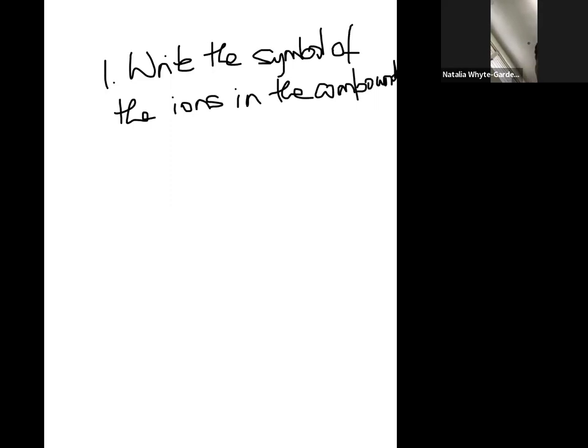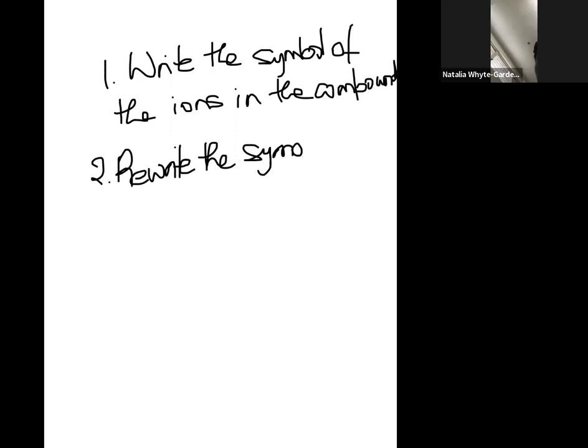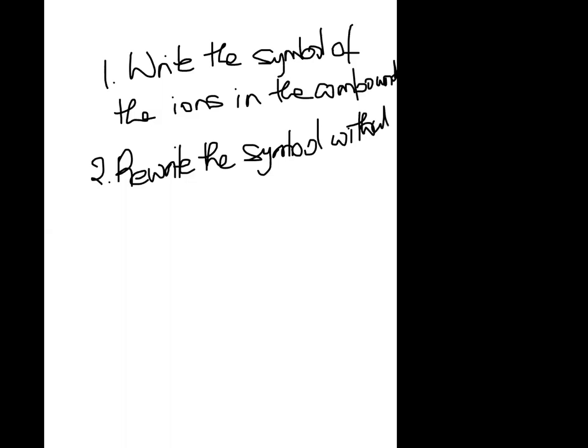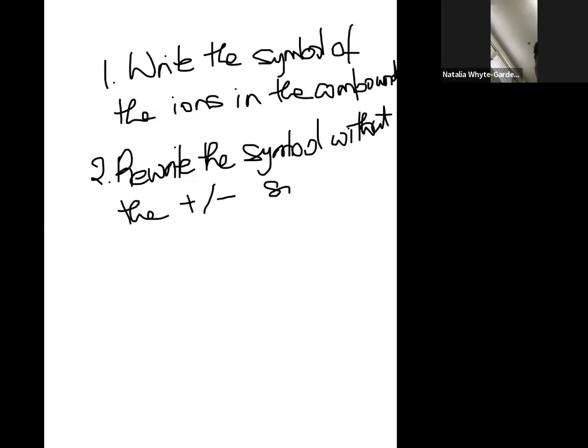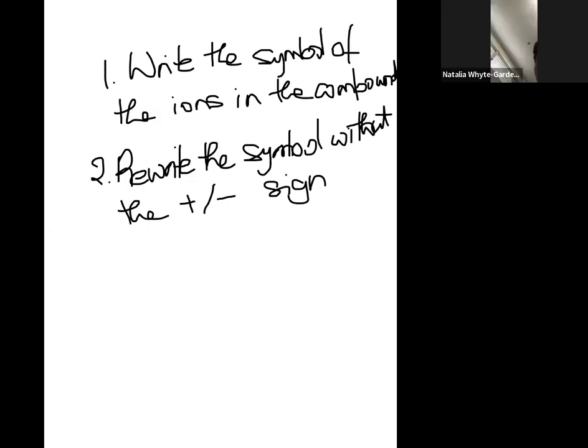Once we write the symbol for the ions in the compound, we will rewrite the symbol without the plus or minus sign. That is writing the valency. Therefore, write the valency.